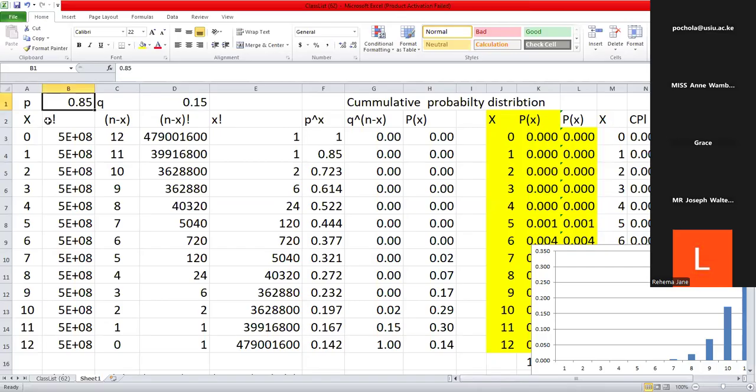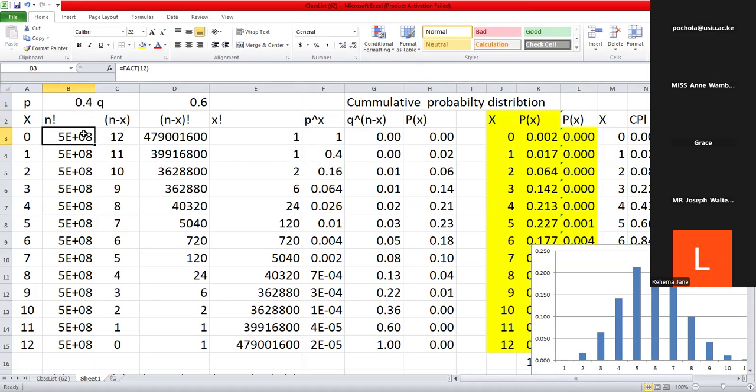Where's my Excel? That's my Excel. Now in Excel, the probability of success I took as 0.40. So I'll change this to 0.40.